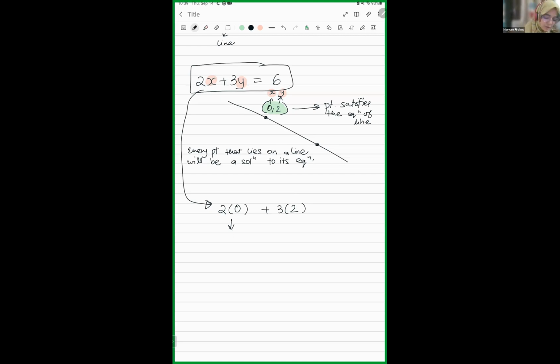And what is 3 into 2? 6. So your LHS is coming out exactly equal to the RHS, which is 6. So this point satisfies the equation of the line. Every point which satisfies the equation of the line will be a point on the line.